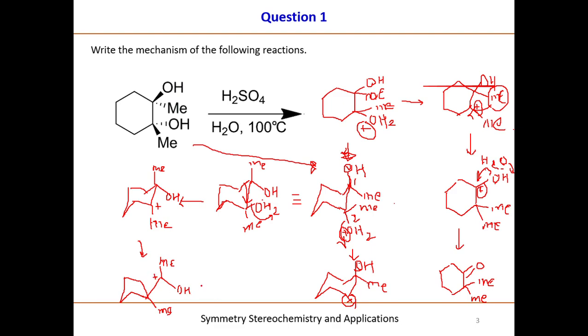Okay. First was the protonation, the last step is deprotonation. So deprotonation will take place here and the carbon oxygen double bond formation will take place to give the desired product, that is ketone.